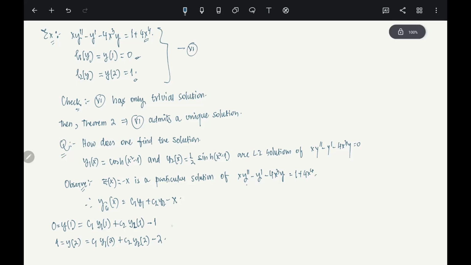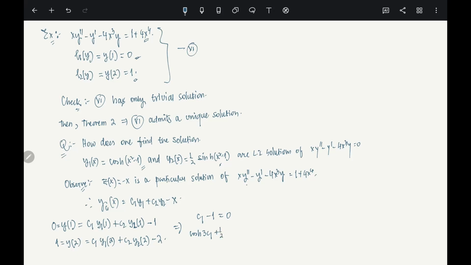Now, if you write down these equations, you evaluate y1 and y2 at the point 1, and it becomes c1 − 1 = 0. The second part is cosh(3) c1 + ½ sinh(3) c2 − 2 = 1. These are the two conditions you are going to get.